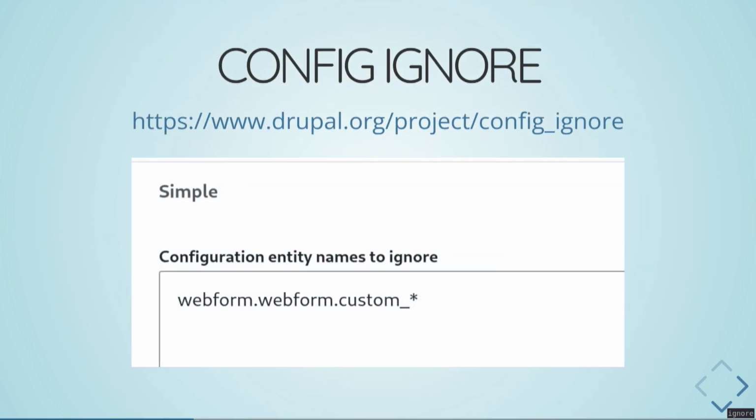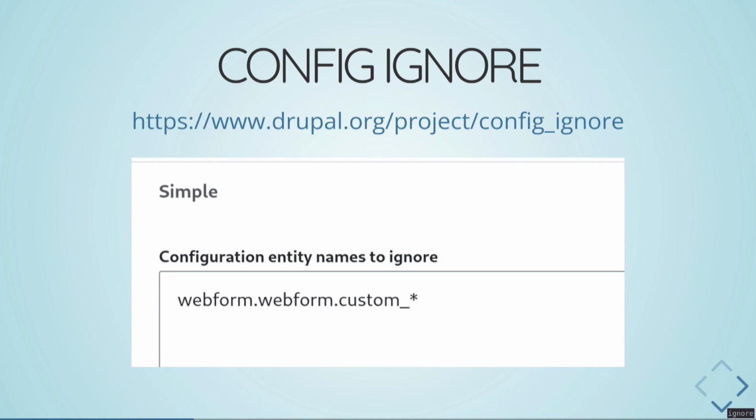Another module that deals with configuration is Config Ignore. You can decide that some webforms are created custom and these are ignored, treated like content. But the thing I don't like about this is that you lose control of those webforms. It's like content: if you want to deploy updates, you need to write hook updates, things like that.